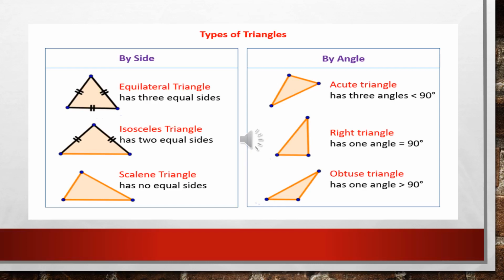Now, if you want to also describe triangles by angles, we have the ones that are acute. We call them acute triangle, and that's because the three angles are less than 90. You can see the less than sign there. The right angle triangle, because one of the angles is equal to 90 degrees, and the obtuse triangle because one of the angles is greater than 90 degrees.